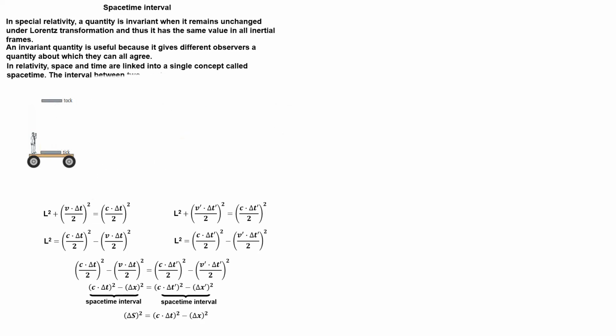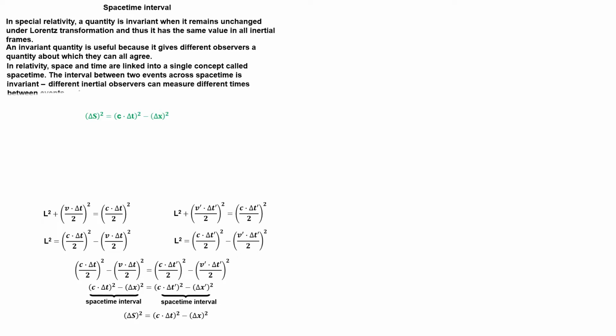The interval between two events across spacetime is invariant. Different inertial observers can measure different times between events and different distances between events, but they must all measure the same interval across spacetime. The space-time interval is denoted by delta S.